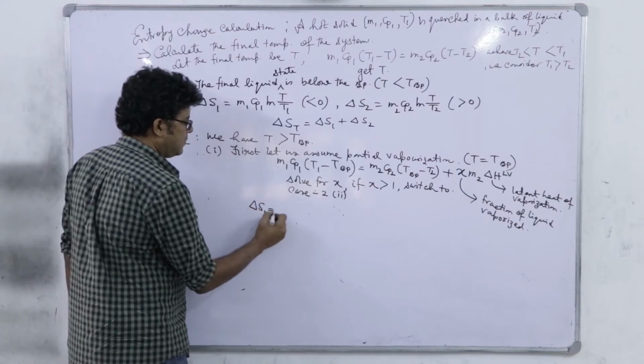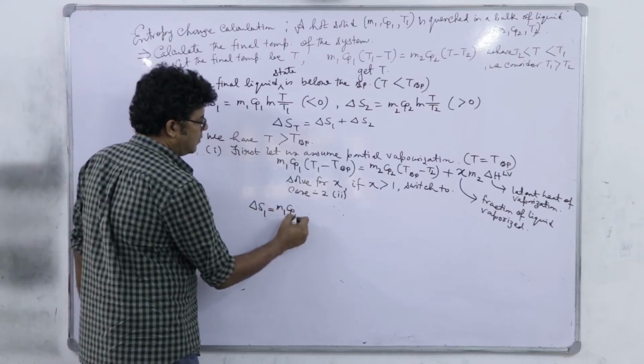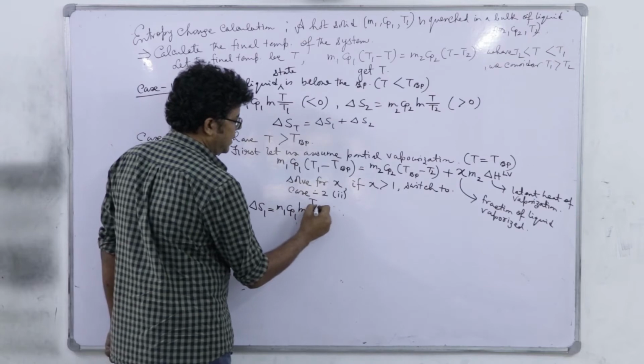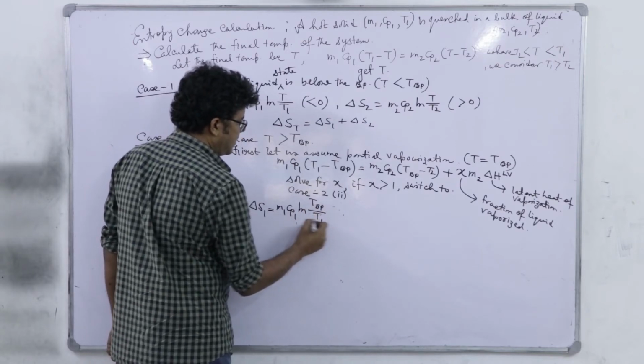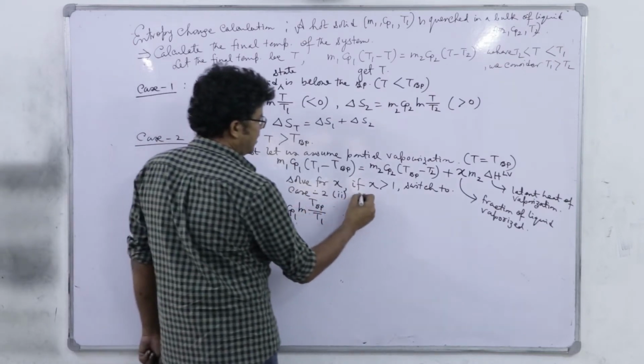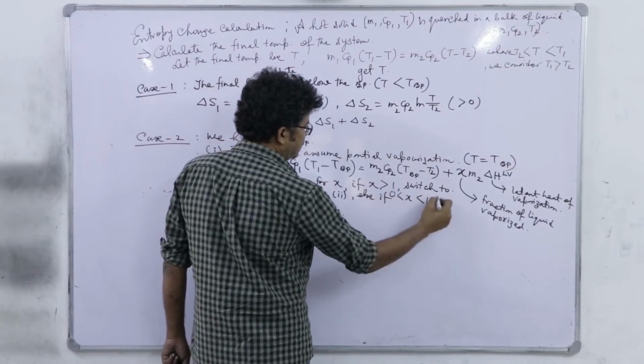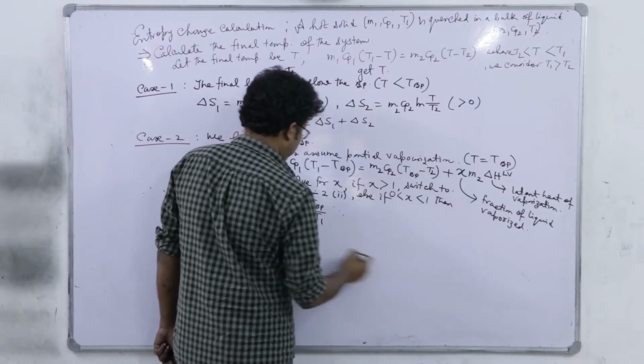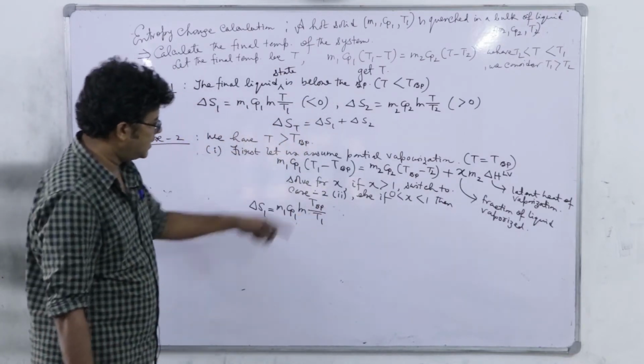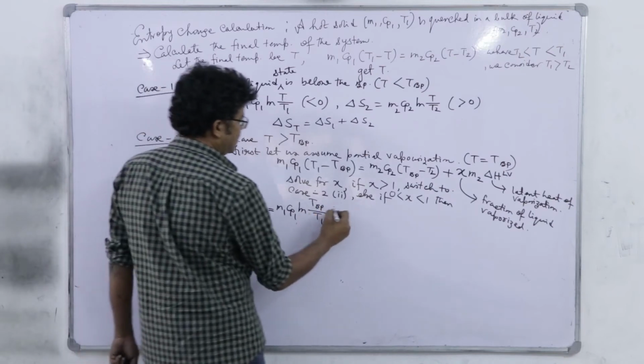delta S1 will be M1 CP1 ln of TBP by T1, else if this X is less than 1 and greater than 0, then delta S1 we can calculate like this, right?